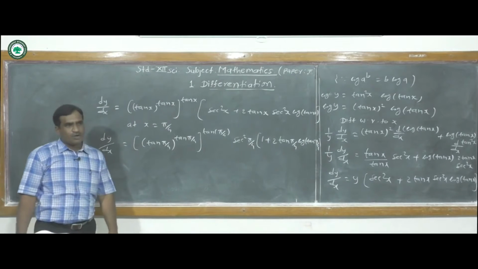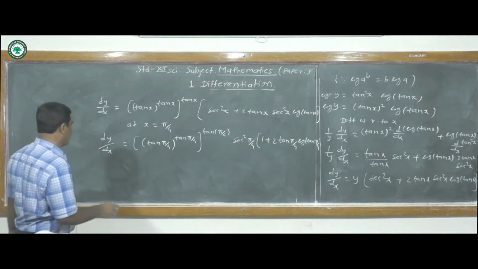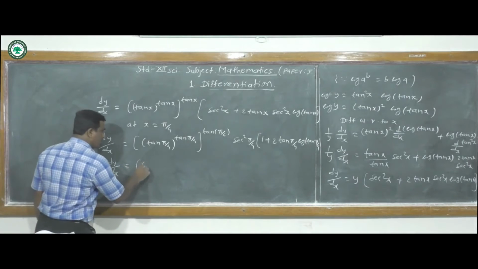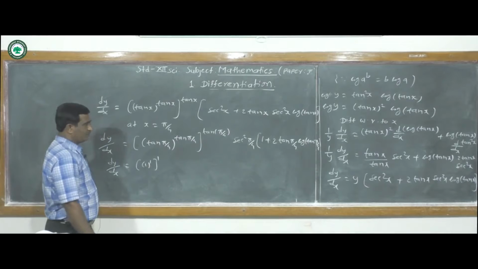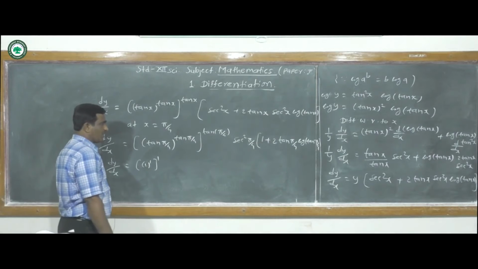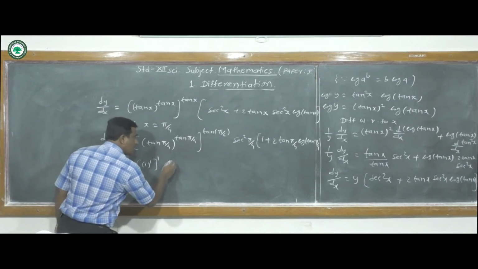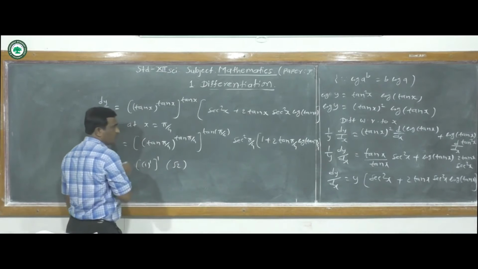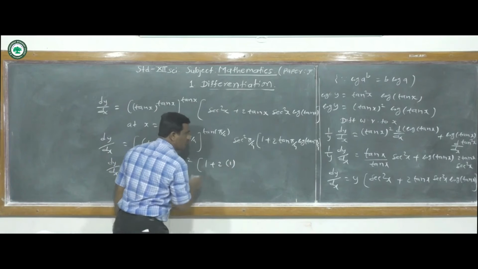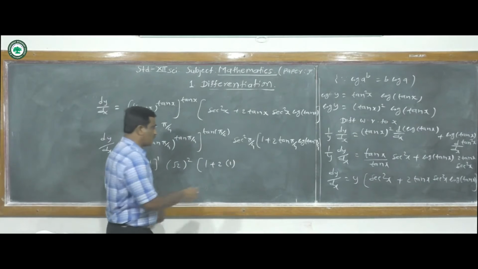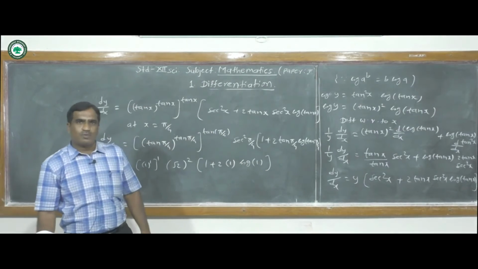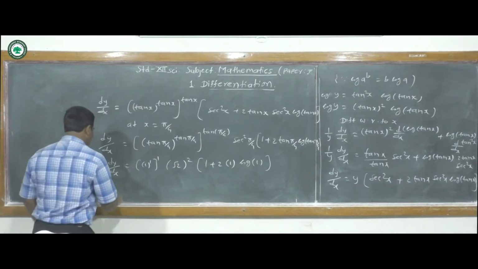Okay. Now we know that the value of tan pi by 4 is 1. Therefore, dy by dx is equal to 1 raised to 1 raised to 1, and sec square of pi by 4. We know that sec of pi by 4 is root 2, so root 2 bracket square into, in bracket, 1 plus 2 into tan pi by 4, which is 1, and log of tan pi by 4, that is log 1, which is 0.